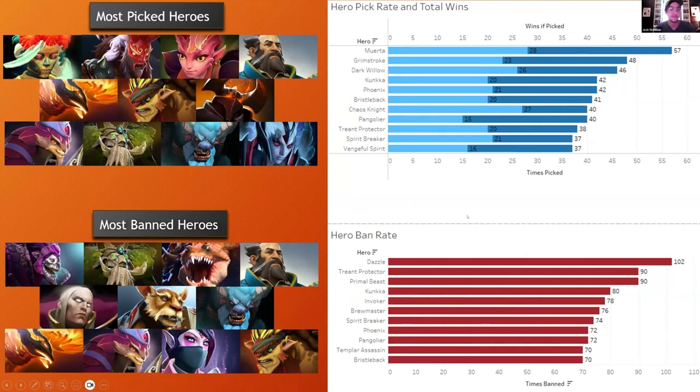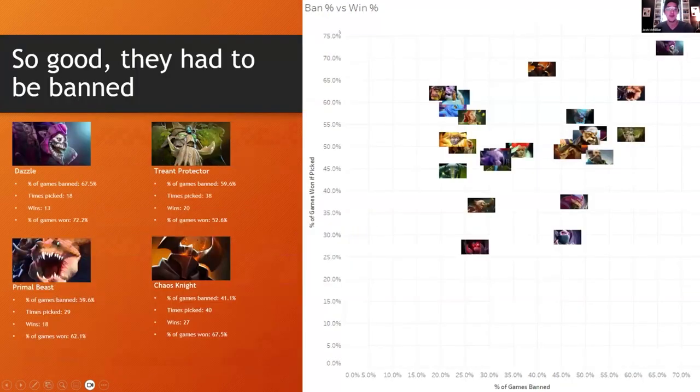That way, there's no chance that the hero that they deem as strong would fall into the enemy's hands as well. So I decided to add an extra scatter plot to my chart that maps the total percentage of games that a hero was banned in against their total win percentage, to kind of get an idea of how strong a hero is.